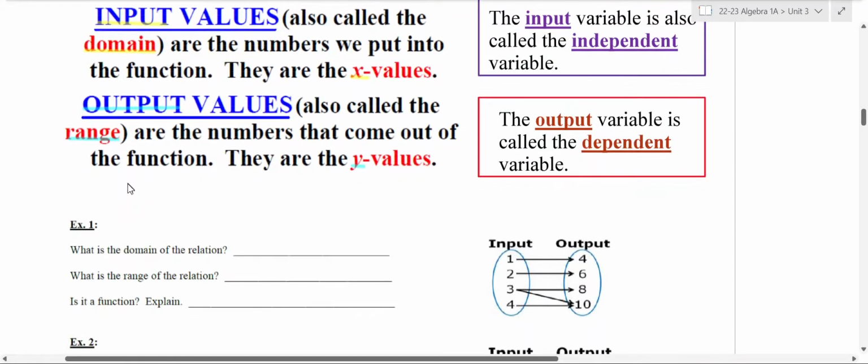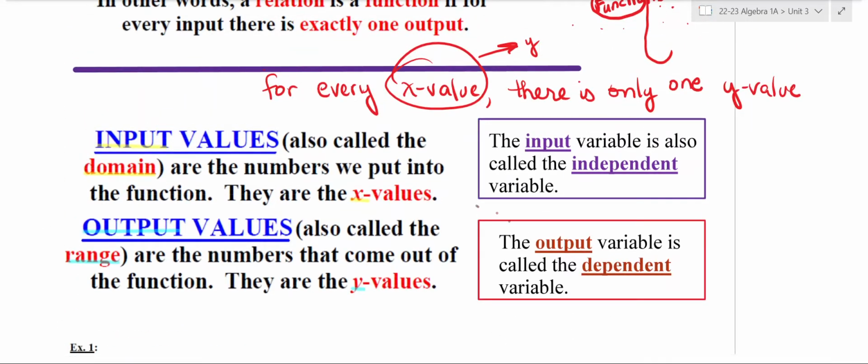Okay, here we go. These are the four words that you need to make sure you associate together, okay? The input variable is called the independent variable. I remember this because they both start with the word "in," right?